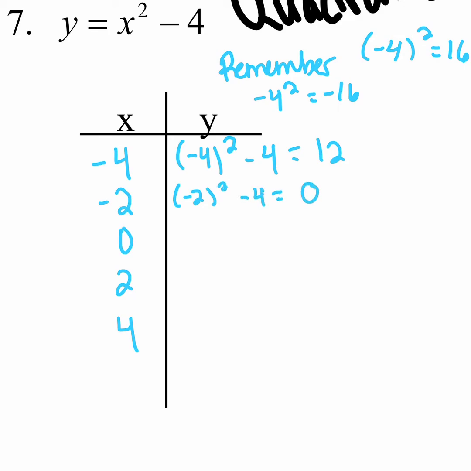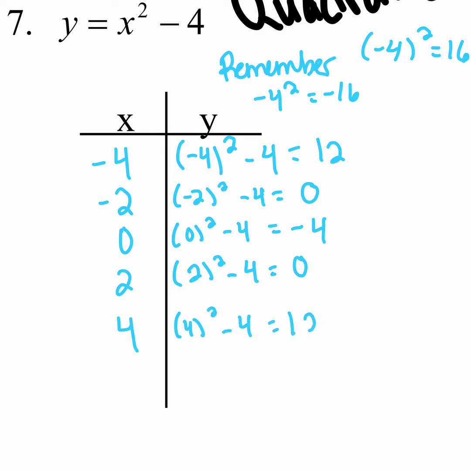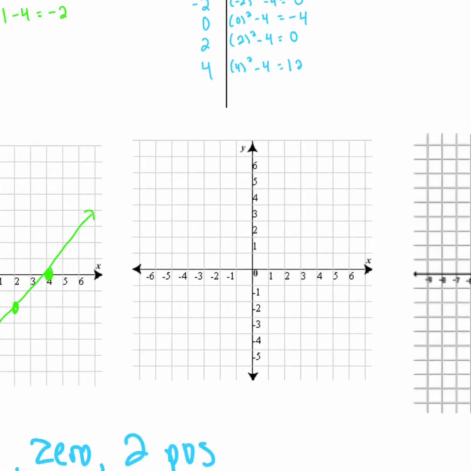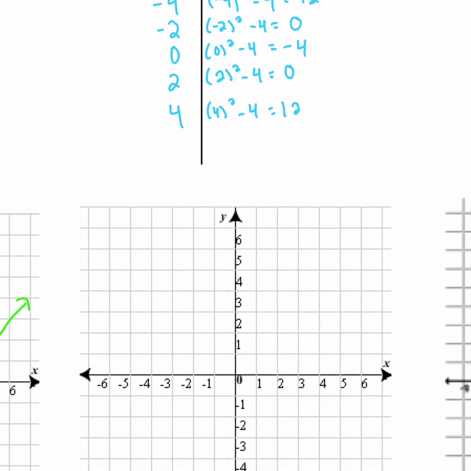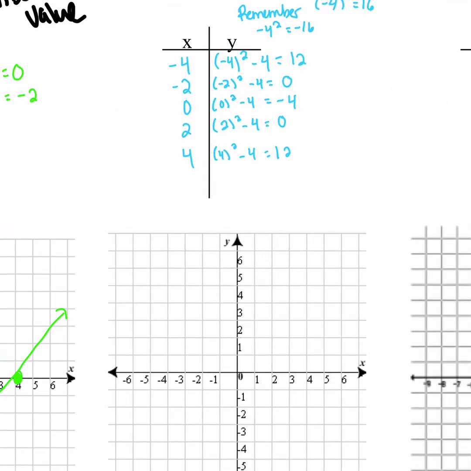Okay, so this here would go to 12. This would go to 0. This would go to -4, 0, 12. So when we go to graph these, -4, 12, that falls off our graph, but that's okay.